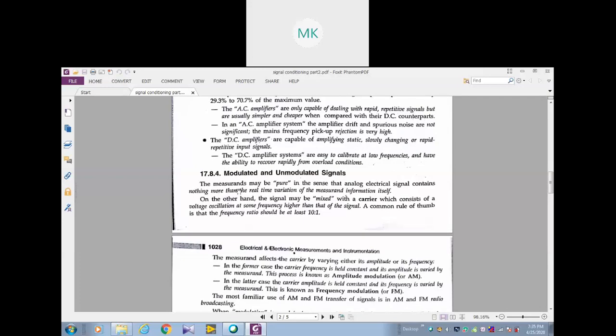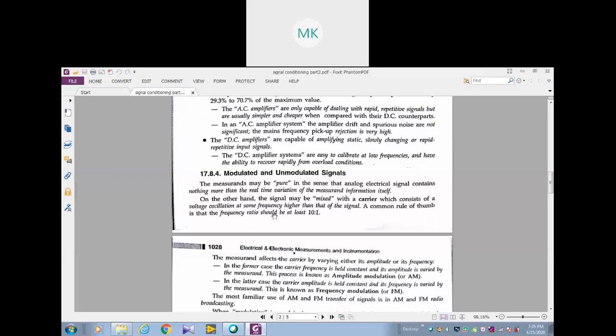Now see here, the measurement may be pure in the sense that the analog electrical signal contains nothing more than the real time variation of the measurement information itself, that is without any mixing, without any modulation, a pure signal. Or the signal may consist of mixing with a carrier.